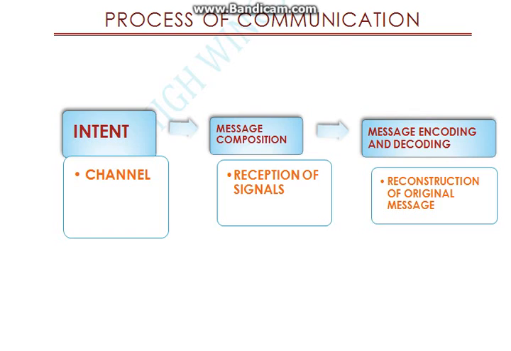Encoding is for the sender and decoding is for the receiver, because the sender thinks about the message he wants to encode, so he sends the message, and the receiver thinks in his mind about it, and this is decoding. So in our process there is intent, then message composition, then message encoding and decoding, channel, reception of signals, and reconstruction of the original message.